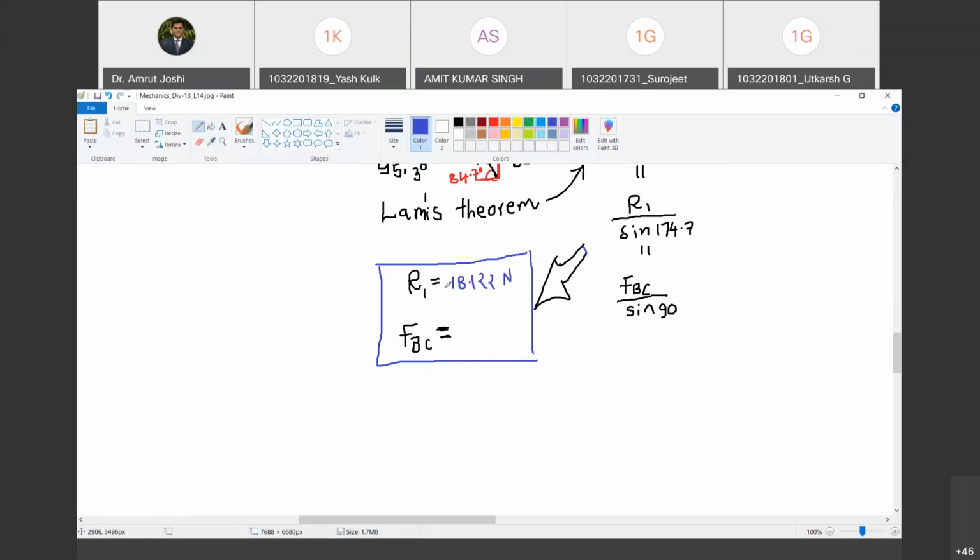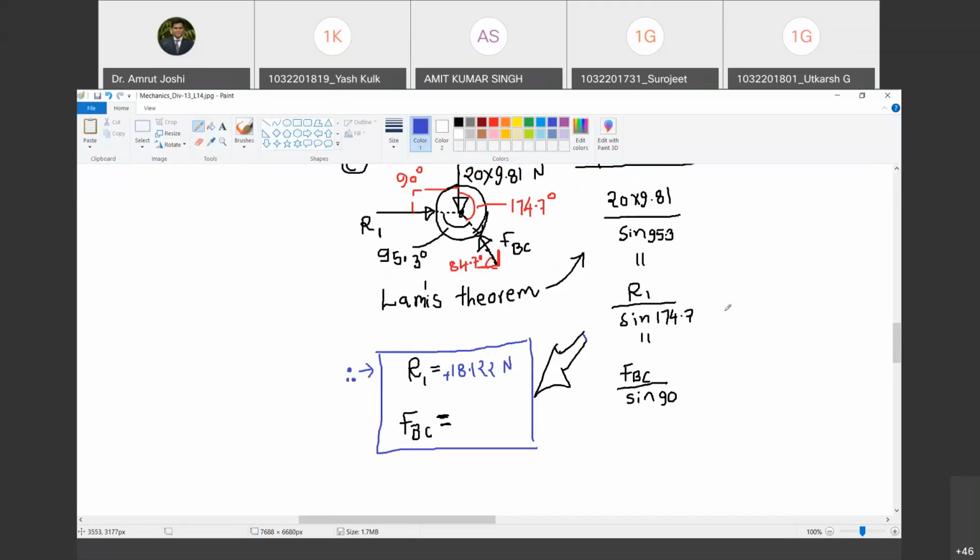And as it has turned out to be positive, that means the originally assumed sense of R1 was correct. Therefore, it is towards right. And what about FBC? Just a second. Solve these three equations. If you solve these equations, you will get FBC. It is 20 into 9.81 upon sine of 95.3.